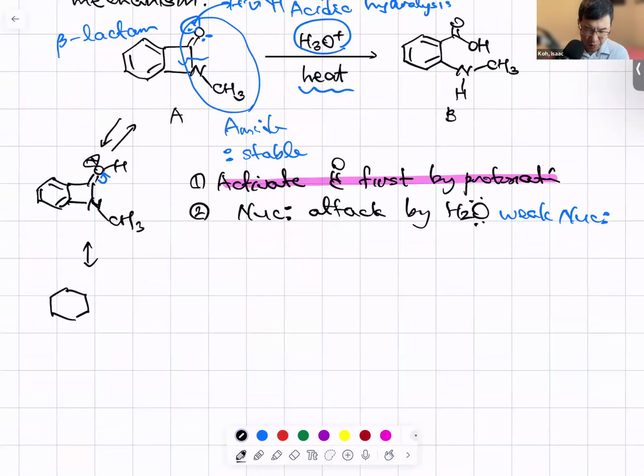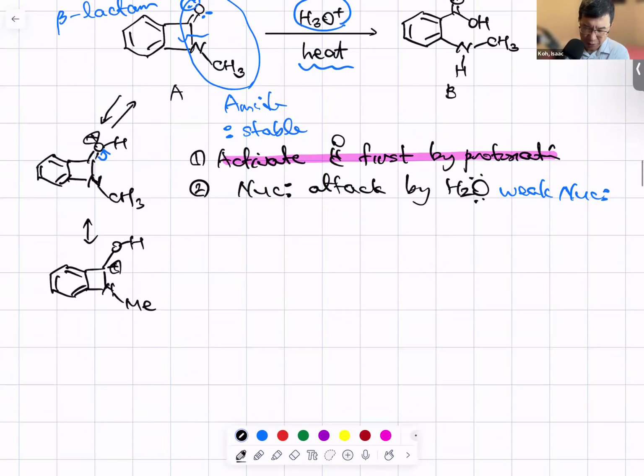So here we see it now has full carbocation character, and like this, it is ready. Even though water is a weak nucleophile, because the carbocation is so reactive, it will be offering the lone pair right there to the substrate.